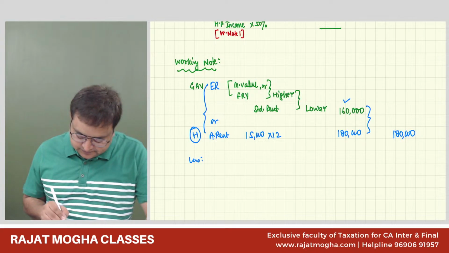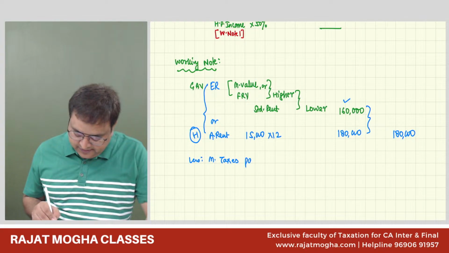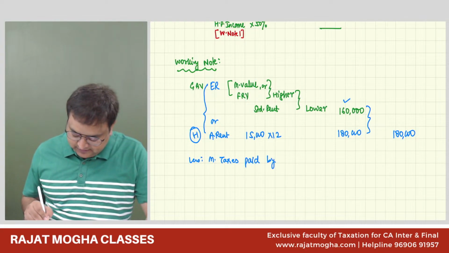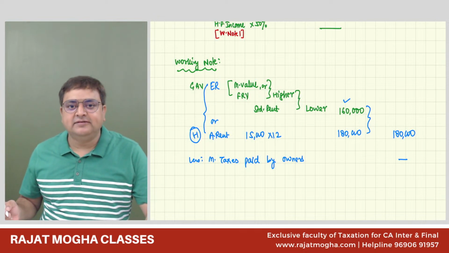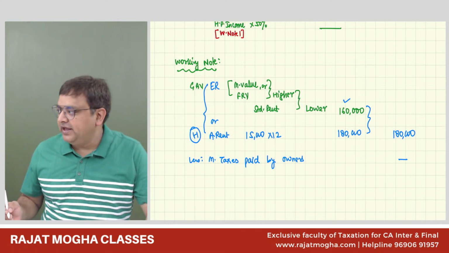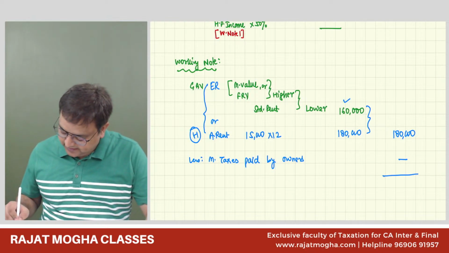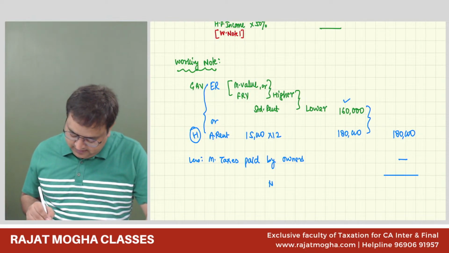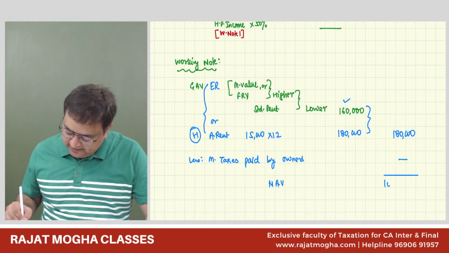Less: municipal taxes paid by owners, 0. Why? Because it is paid by the tenant. So we cannot take that. So NAV is 1,80,000.